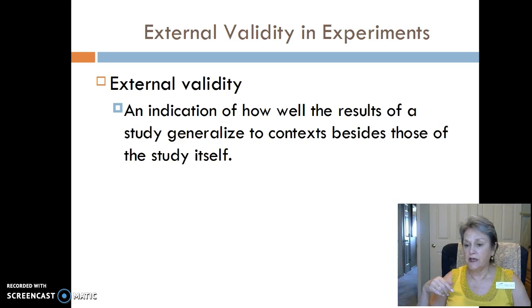If it shows a positive treatment effect, we would want that to generalize to the population outside of that experiment so that it can do the most good for the most people, and really that's the reason why we look at these issues.